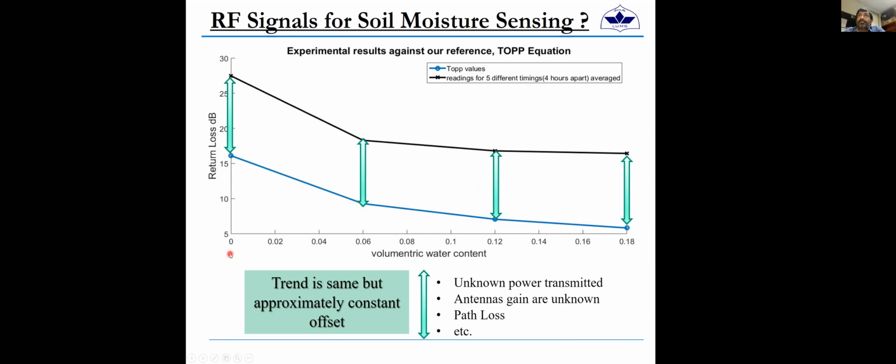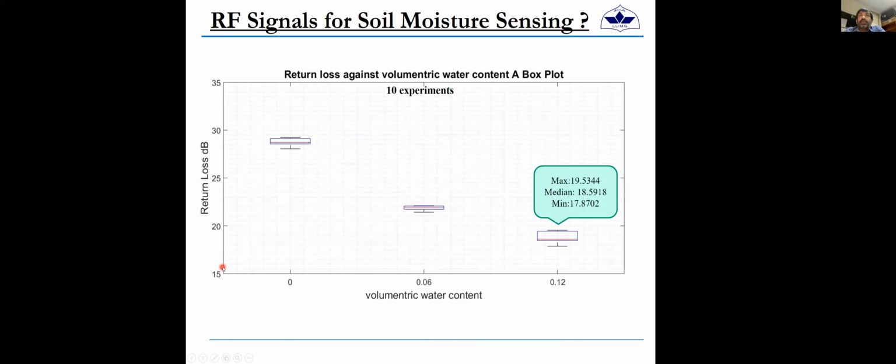Kaise? Just look at this one. This is dry sample. Na? So what I can do, I can calibrate my equipment or I can calibrate my settings for theta v equal to 0. Okay? So what we did, we performed another experiment. So these are the results of experiments. So this is a box plot. If you are not familiar with box plot, let me explain it for you.